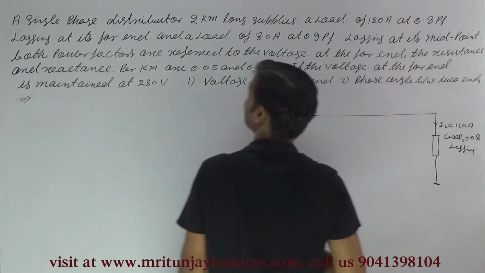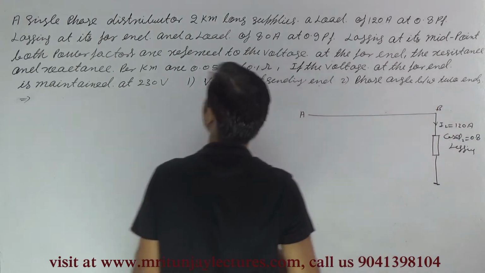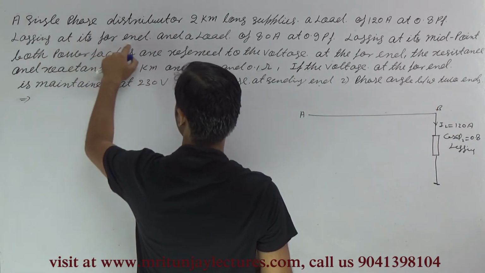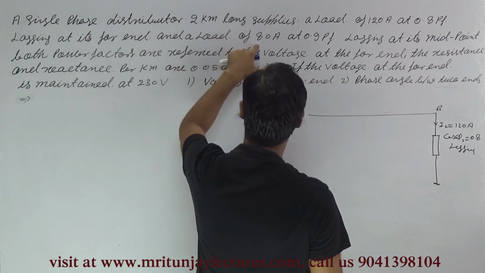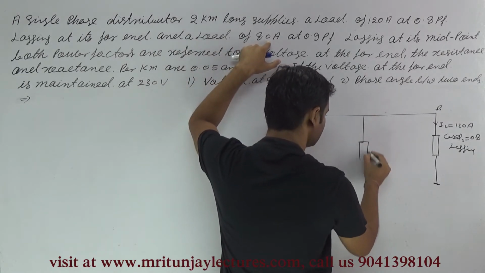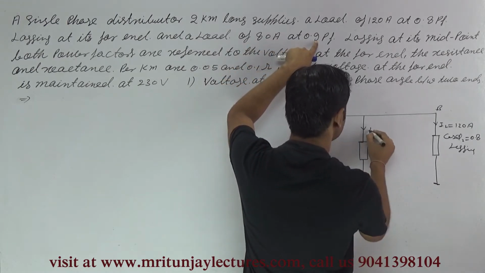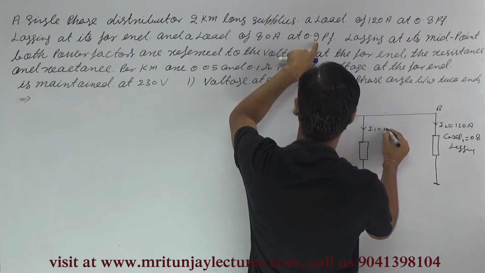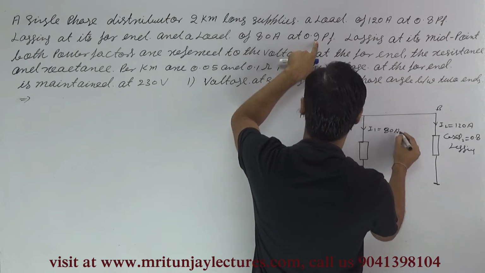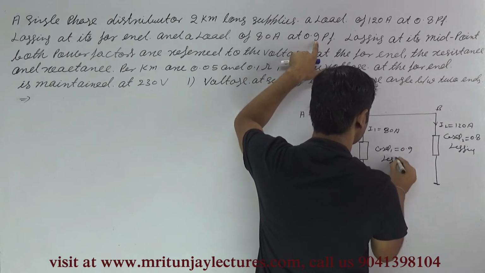That is 2 kilometer, this point is A and this point is B, at its far end, and a load of 80 ampere, that is I1, I1 is 80 ampere and cos phi 1 is equal to 0.9 lagging.